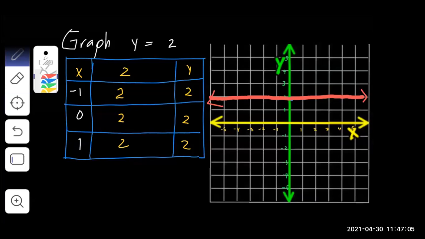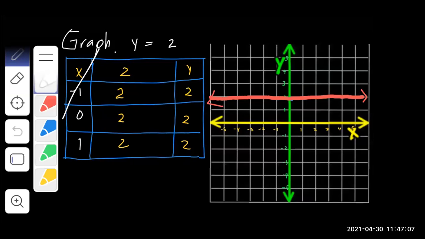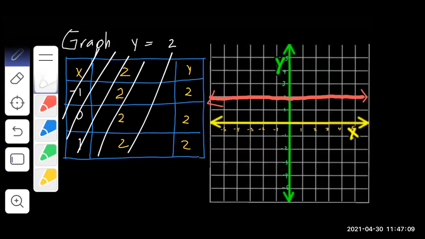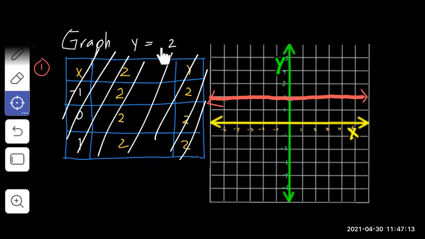You don't even need to make the table. The table is not necessary for this type of function, when there is no x. This is the function y equals 2.